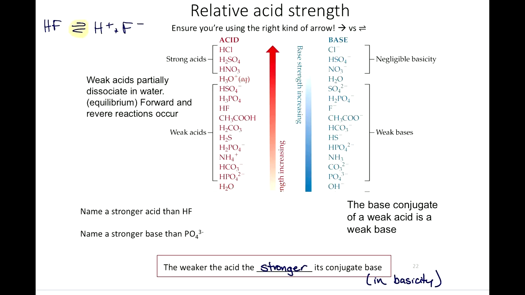You can see that from the formula here. HF is the acid, F minus is the conjugate base. HF is a weak acid, F minus is also a weak base, because HF is weak.